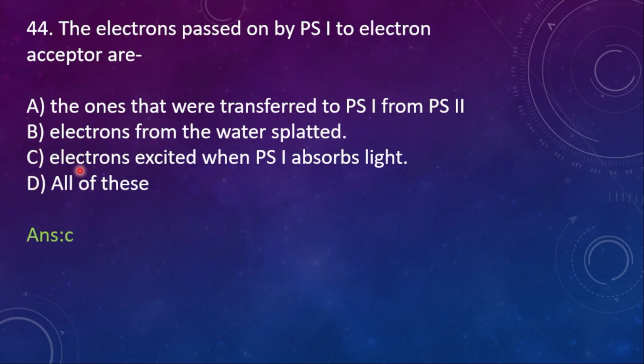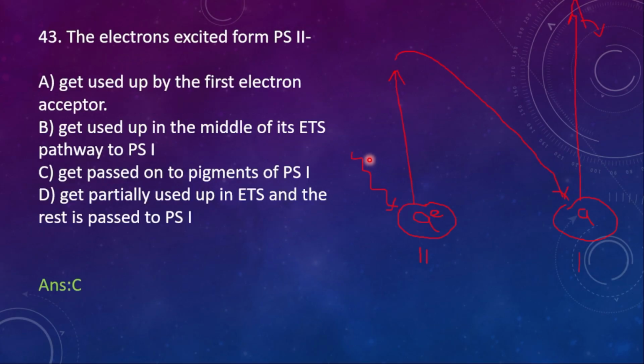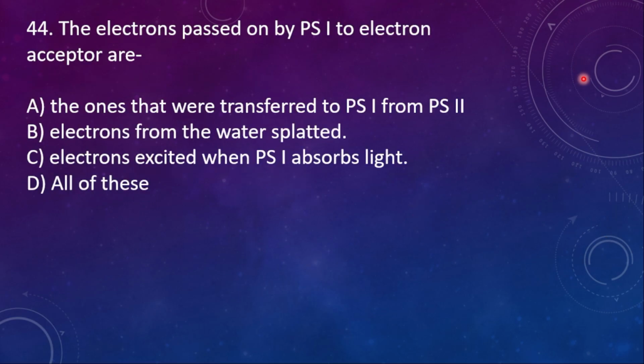So here the right option is electrons excited when PS1 absorbs light. Whenever the electron is excited, again it is going to move downwards. Again, if it is receiving the light, again electrons will be excited. So here the right option is C.